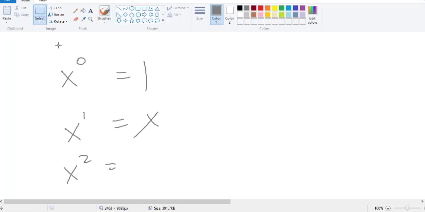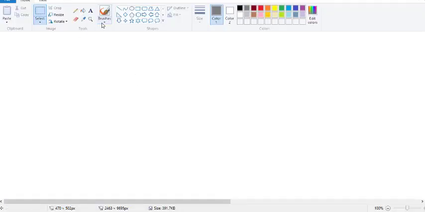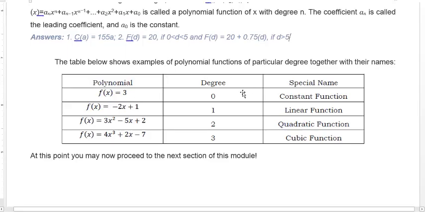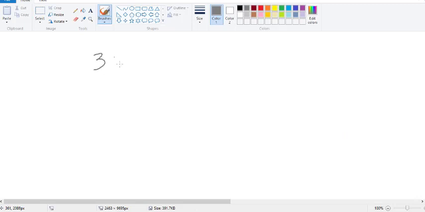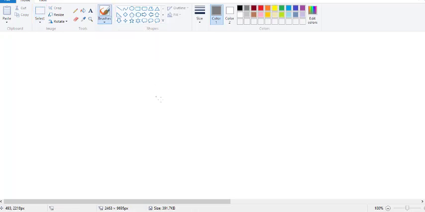Okay. Just a little bit of review about that. Kaya ito siya, 3 lang ang nakalagay dito. Kasi isipin nyo na lang, yung constant function, yung degree is equals to 0. Kaya lang, ito nga na part is equals to 1. So, 3 times 1 is just equals to 3. Okay? So, yun lang yung ibig sabihin ng constant function na yun.